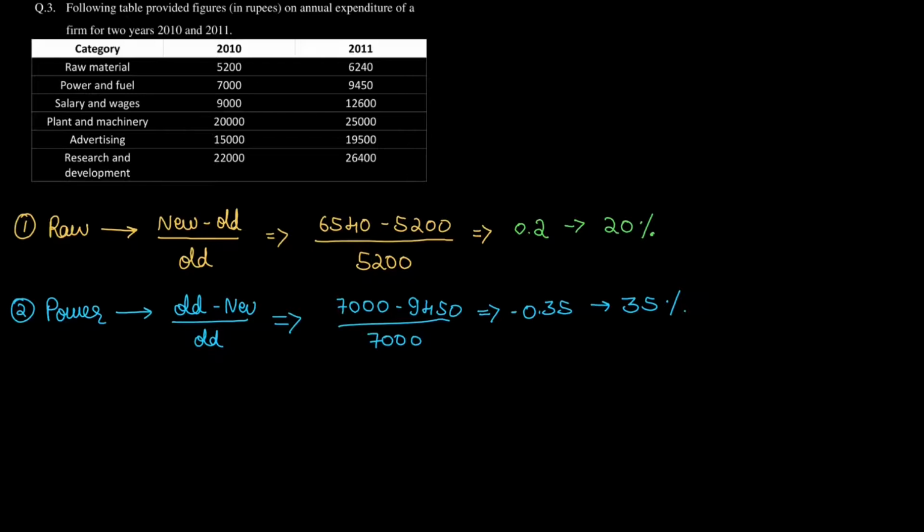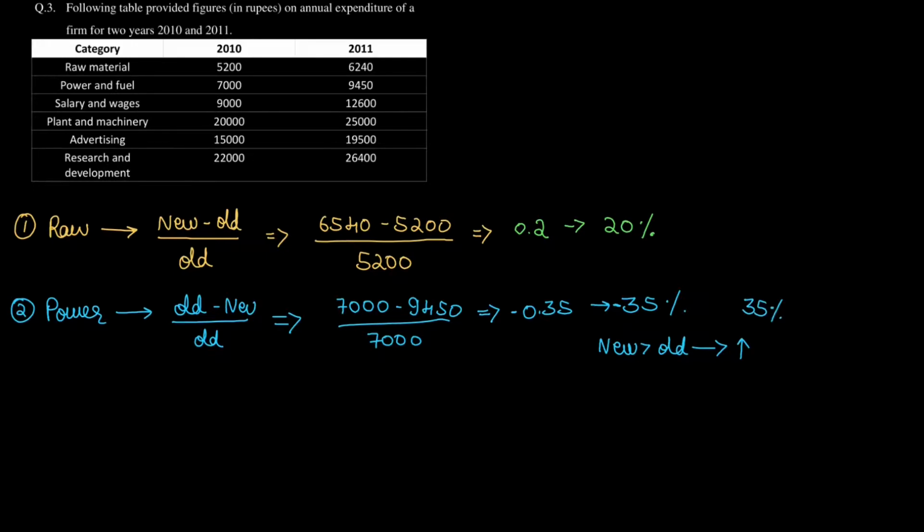Why is it negative? Because the higher number has the negative coefficient and the lower number has the positive. That means in this case we will have minus 35. We can consider that the new value is greater than old, and hence the value has increased by 35%.